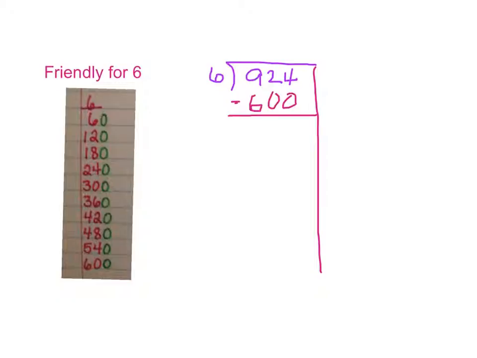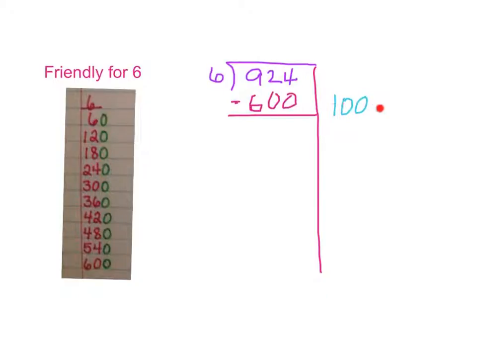Now, what I need to think about is, what did I multiply this 6 by to get 600? 6 times blank equals 600, or 600 divided by 6 equals blank. Well, I know that 100 times 6 equals 600.